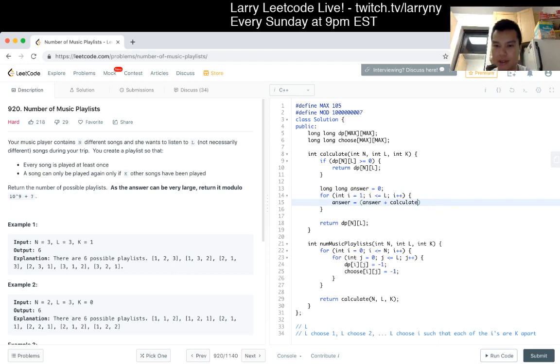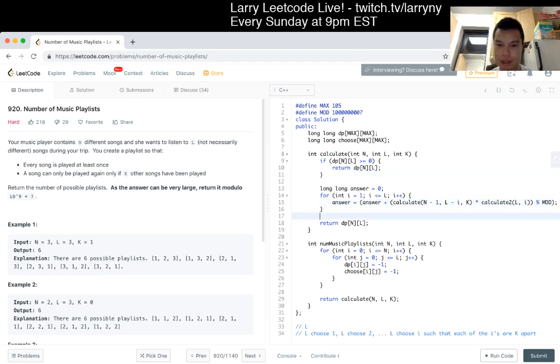So we're done with this number, and then we do our minus I, and we still keep k, and we multiply this by a second function that lets us know the number of possibilities of L songs and I. Okay, I think that's right. There's some stuff around modding because numbers can get big. I hate that it gets rid of stuff.